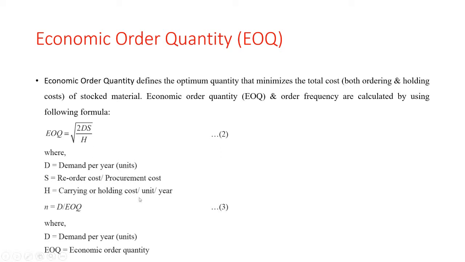This is the first equation. In the second equation, N equals D divided by EOQ. If we divide D by EOQ, we get N, where D is the demand per year in units and EOQ is the economic order quantity.